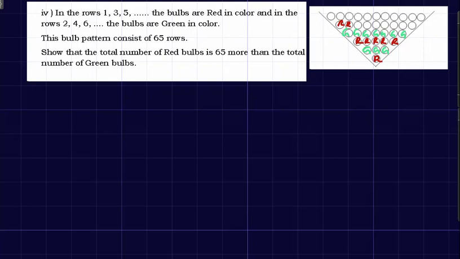How can we find out? The moment you hear the word total, when it comes to arithmetic progression questions, what should come into your mind? The formula to find the sum. What is it? Sn is equal to n over 2 times (2a plus (n minus 1) d).